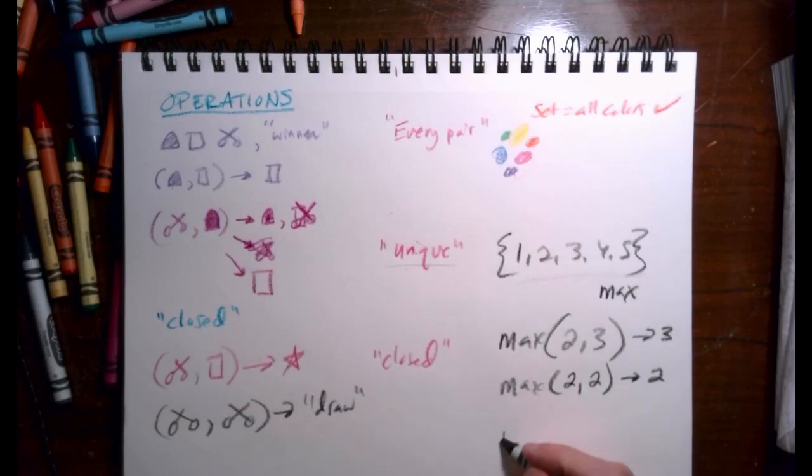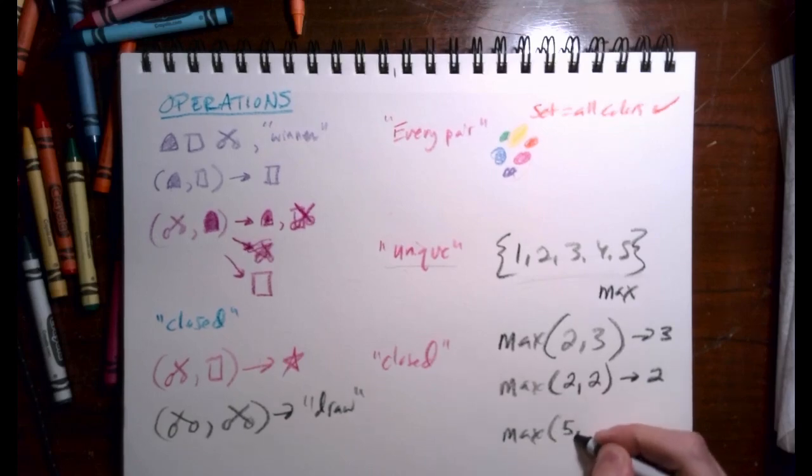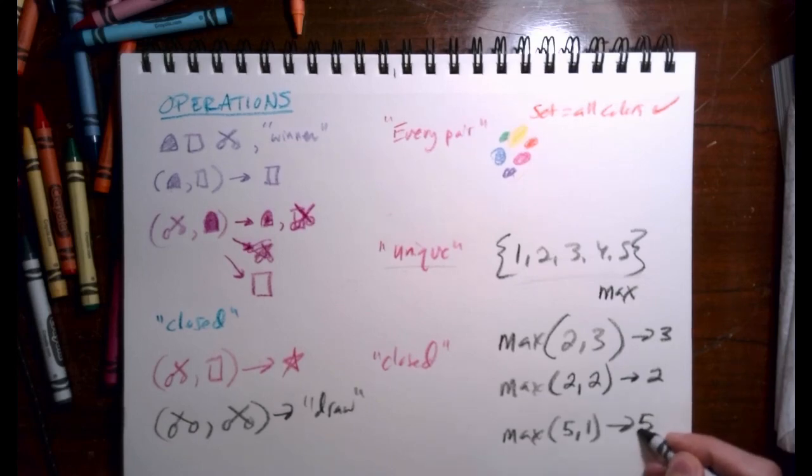So if I take the max of 5 and 1, could I say, well, it could be 5 or 3? No, it'll always be one of the ones in there. So we'll just always end up with one number over here, and so it's unique.